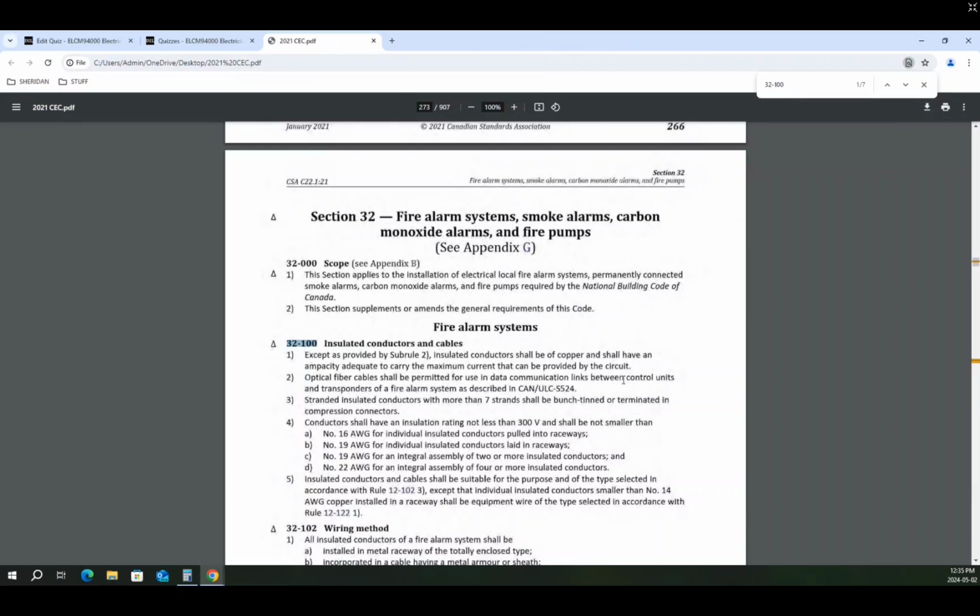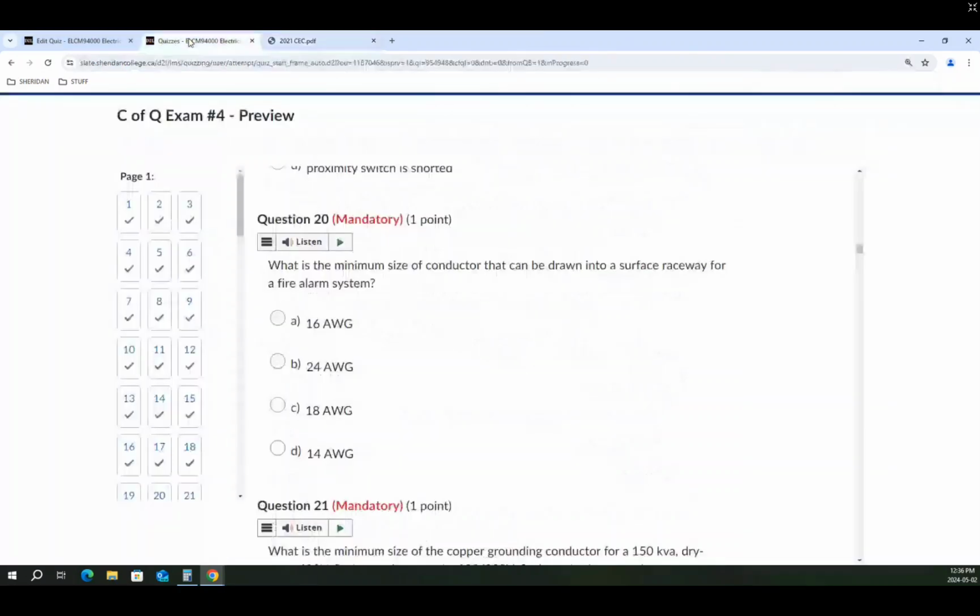Optical fiber shall be permitted to use data communication links. Stranded insulated conductors are not more than 7 strands. Here we go. Conductors shall have an insulation rating not less than 300 volts and shall not be smaller than number 16 for individual insulated conductors pulled into raceways, 19 gauge for integral assembly of 2 or more insulated conductors, 22 gauge for integral assembly of 4 or more insulated conductors.